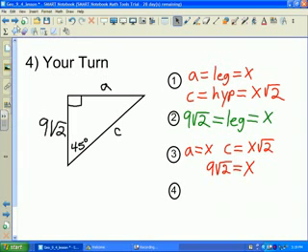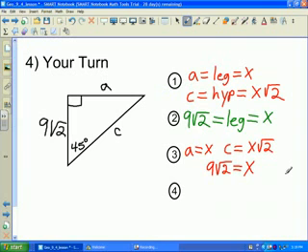So we've come down to step 1. Here, step 1, we have a, which is a leg, which is equal to x. We have c, which is a hypotenuse, which is equal to x square root 2. And then step 2, what do we have? 9 square root 2, which we know is a leg, which is equal to x as well.